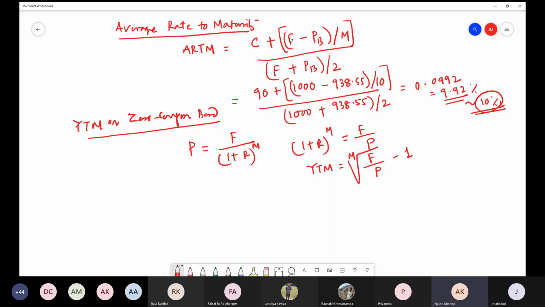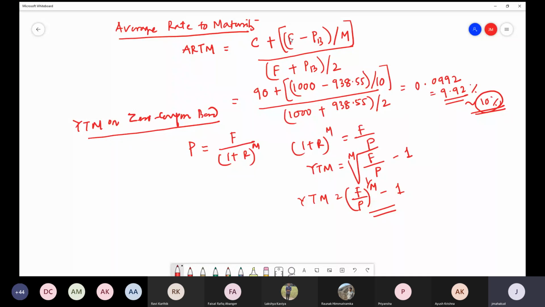So that means your YTM will be F by P to the power 1 by M, minus 1. That is the way the YTM of a zero coupon bond can be calculated, because there is no periodic cash flow involved in that particular case, right? So you know how it can be used.